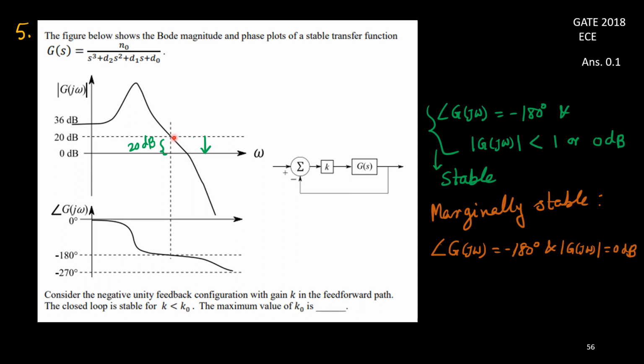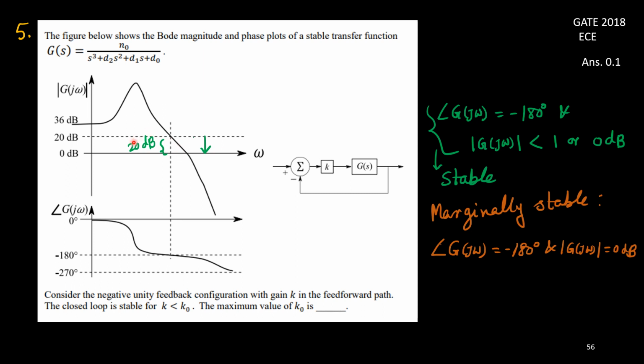Okay, so for marginal stability, this point should be at the 0 place, because at minus 180 degree, at that time the gain should be on the 0 dB line. So this gap of 20 dB should be removed, right? Using k only we can reduce the level. So 20 log k is your change in the dB scale.